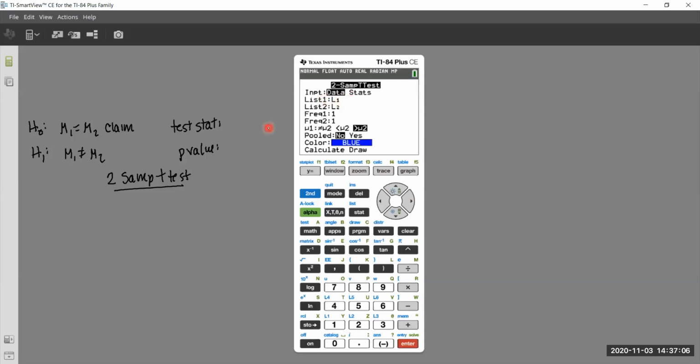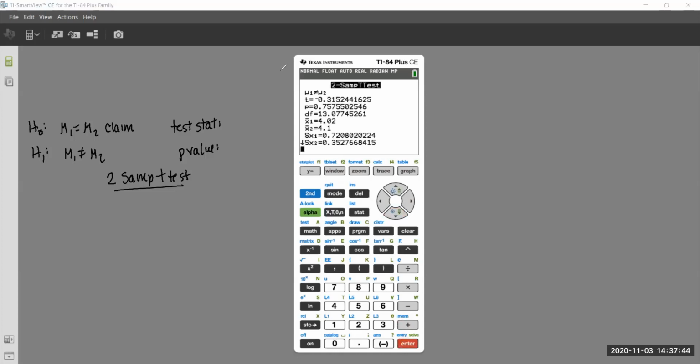So the data that pertains to the first sample, where did you put it? I put mine in list 1. The data that pertains to the second sample, where did you put that? Frequencies are always going to be 1. And the reason for that is we don't have any data values in a frequency distribution or anything like that. So here, 1 every time. And then we want a not equal. Pooled is no. And then calculate.